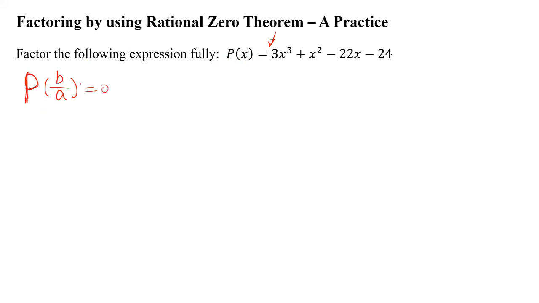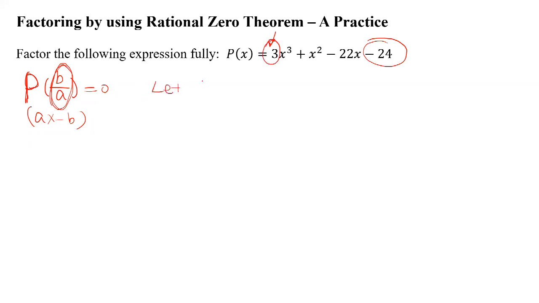And then according to the remainder theorem, ax minus b must be a factor, right? According to the rational zeros theorem, we don't need to guess this number blindly, right? We know that if b over a is a 0 of P(x), then b must be a factor of the constant term, and a must be a factor of the leading coefficient, right?